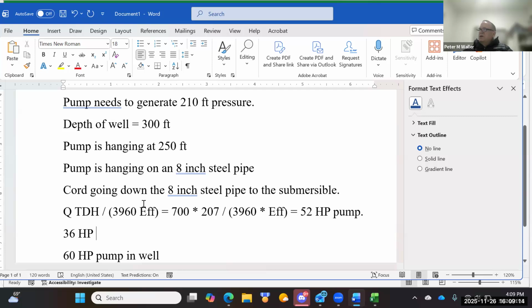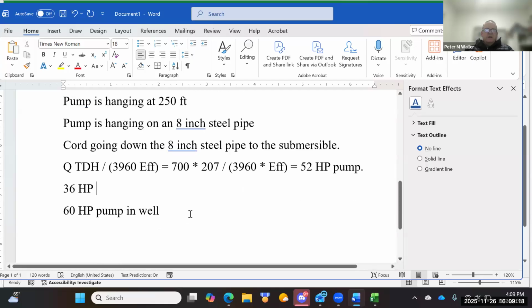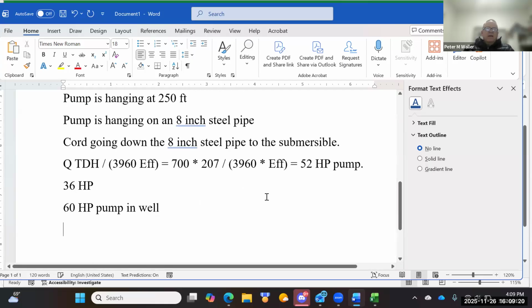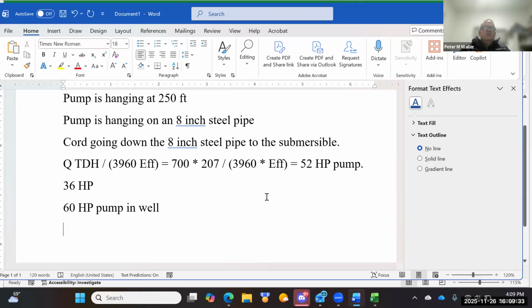Okay. So the next thing you have to do is pick a pump. And honestly, if you're an irrigation engineer, and I'm not saying you're going to be irrigation engineers, most of you are going to be civil engineers, but even if you're a civil engineer, you don't normally pick well pumps.